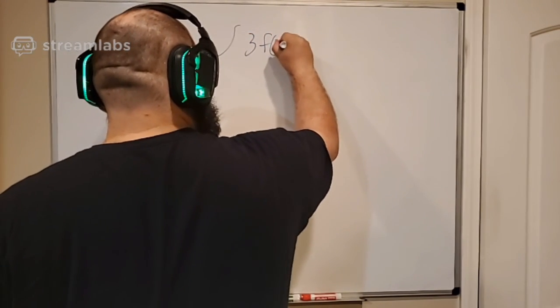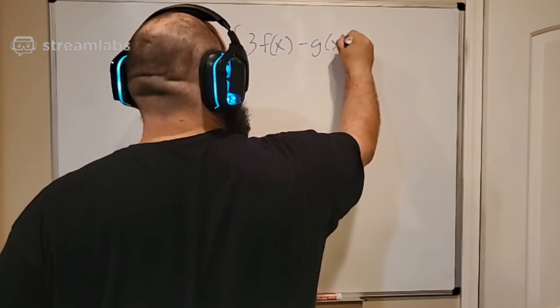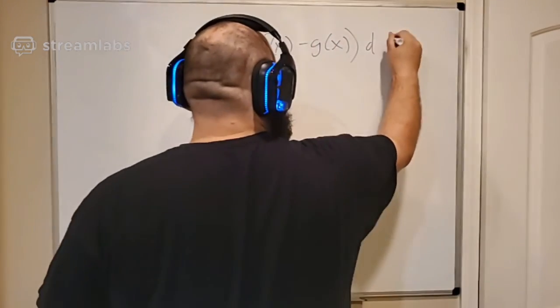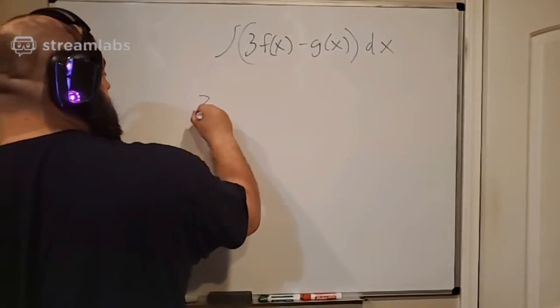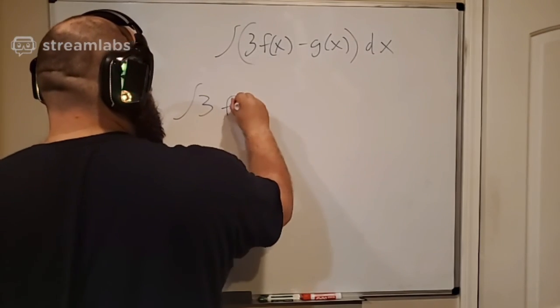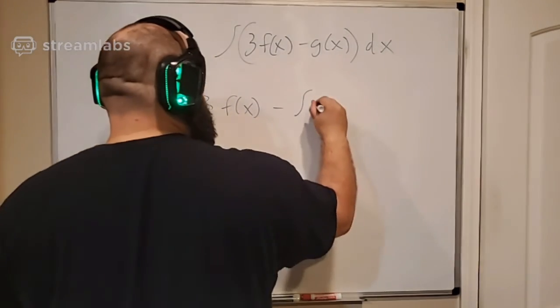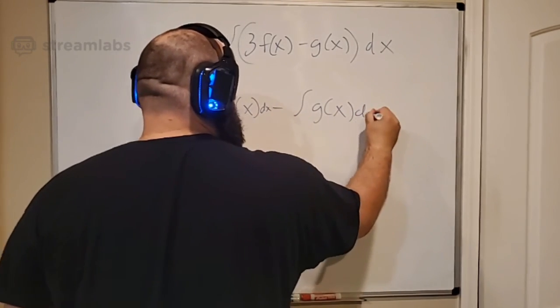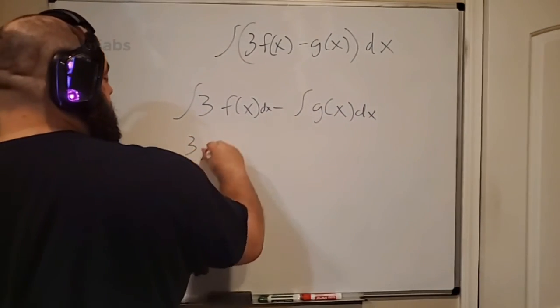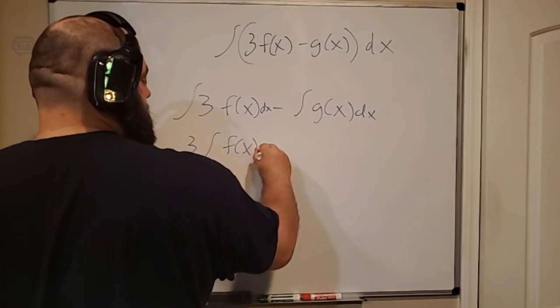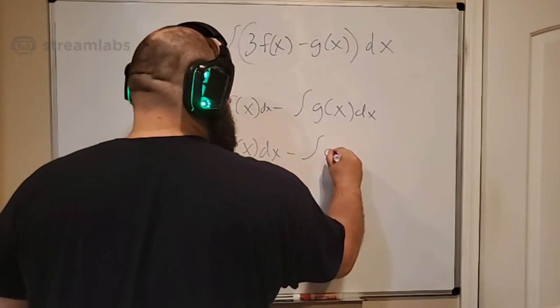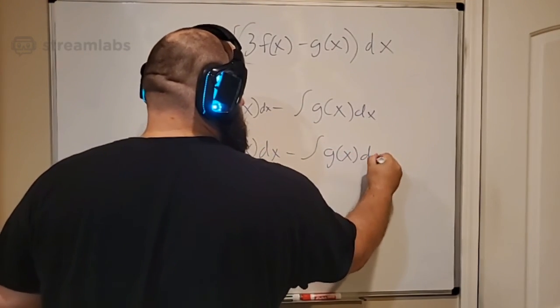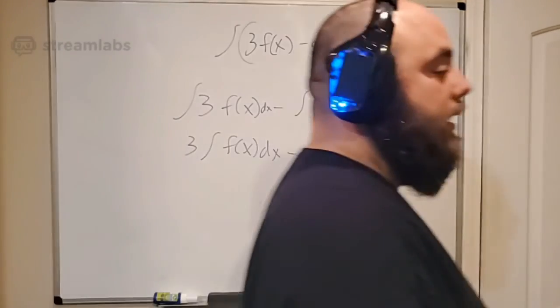So don't forget, according to our integral rules, we can break this up to the integral of 3 f of x minus the integral of g of x, and they both get dx's at that point. And I can also pull the 3 out front, so 3 times the integral of f of x dx minus the integral of g of x dx, whatever the bounds are. They gave us that information, so you just plug those in. It's 0 to 2 on all of them.